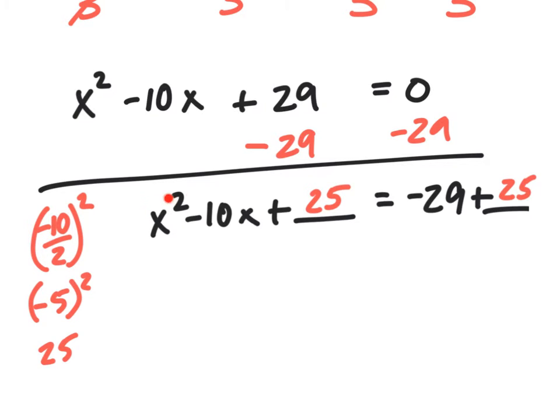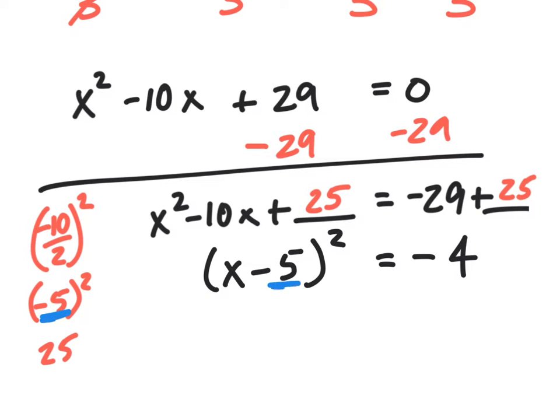So now, if I have x squared minus 10x plus 25, this is a perfect square trinomial, okay? And I can factor this down to x minus 5 quantity squared, and that's equal to negative 4. Okay, so remember, the negative 5, this value here, comes from me dividing that middle term by 2. Okay, and that's going to be the case every single time.